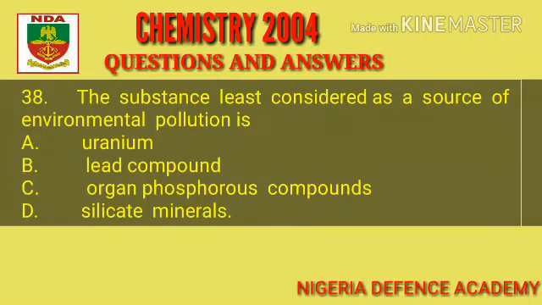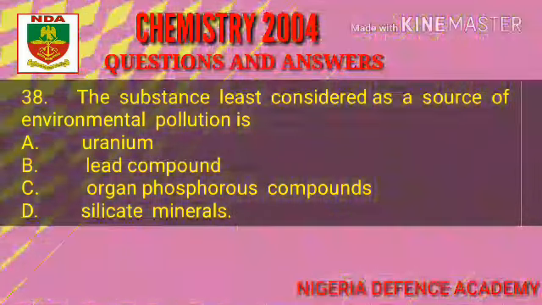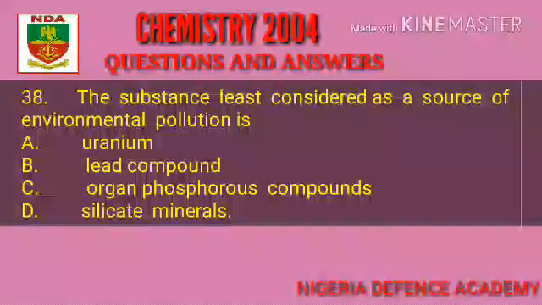Okay, question number 38. The substance considered as a source of environmental pollution is dash. Option A, granules. Option B, lead compound. Option C, organophosphorus compound.